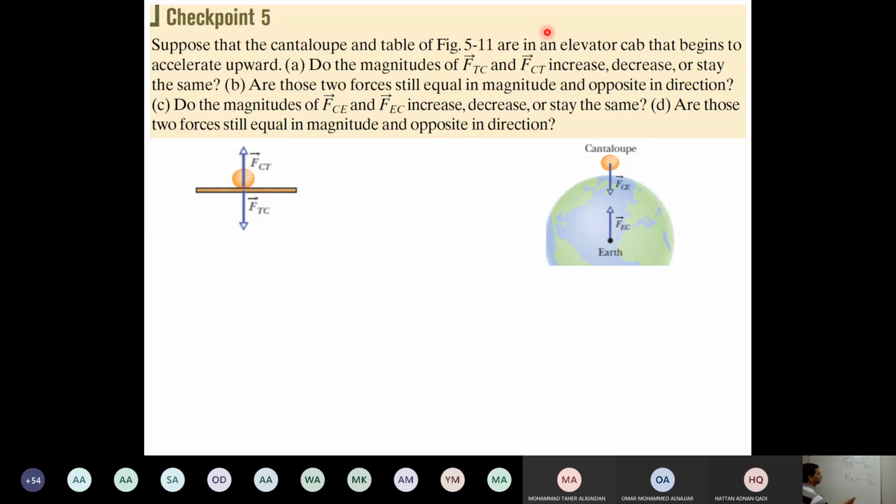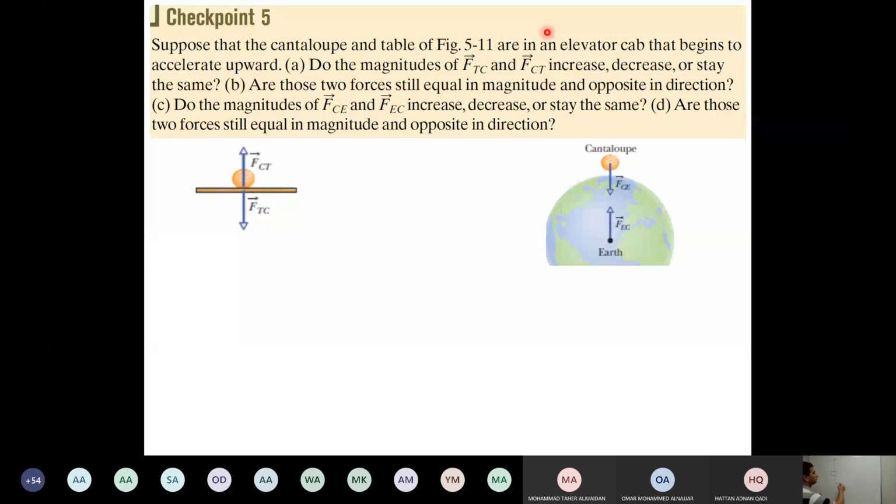So remember the equation which we were discussing: if there is an elevator, there is a tension in the elevator cab, and then there is mg, which is the weight of anything inside the elevator.